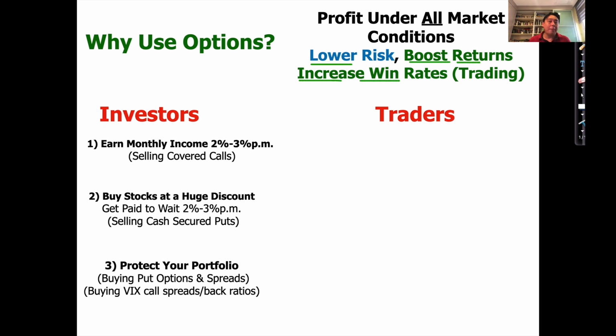And how do we do that? By hedging our portfolio using options. We either use put options, we buy put options on the index ETF, or we buy call options on the VIX or the volatility index. Again, don't worry about all these terms. If you're new, you may be very confused about these terms.